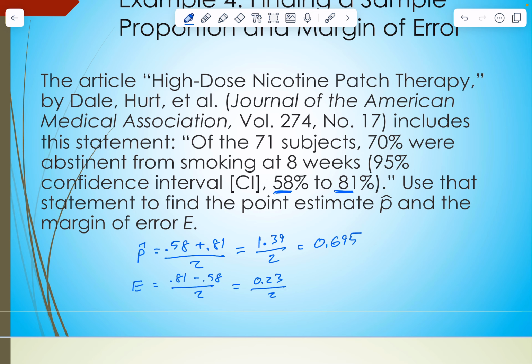Divide that by 2, and we end up getting 0.115. So 69.5% is the point estimate, and 11.5 percentage points is the margin of error.